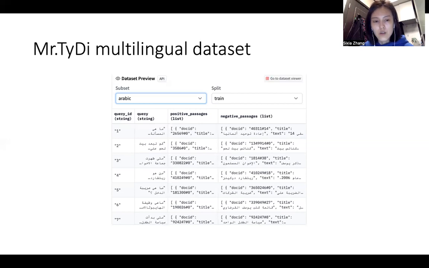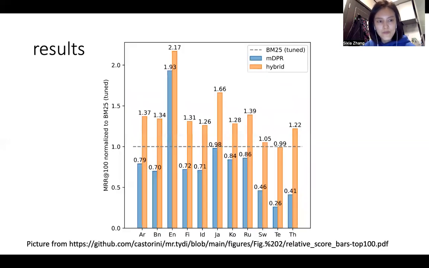According to the research paper at this link, it reports a similar result to mine. Without the typo-aware dense retriever, this is the sparse retriever benchmark, which is the BM25 benchmark.